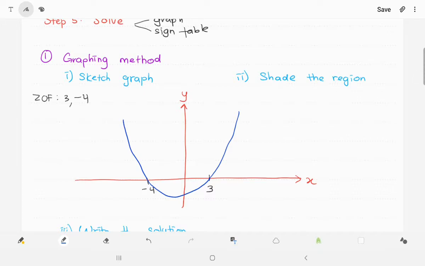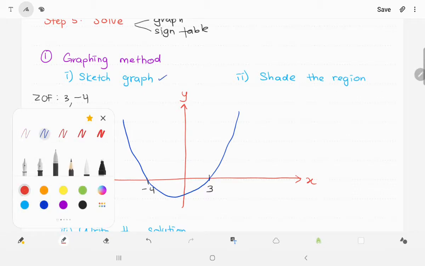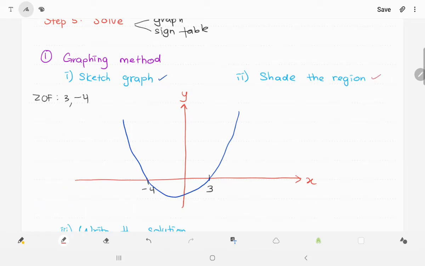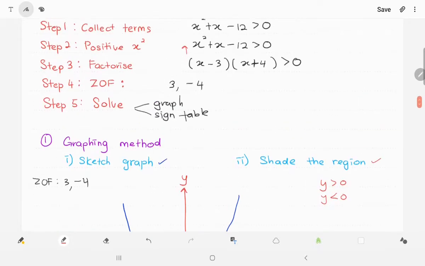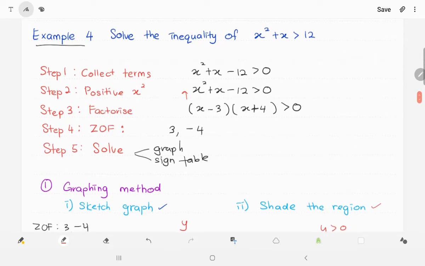Next, after we sketch, now we need to shade the region. As I mentioned before, we need to look whether y is greater than 0 or y less than 0. So what is our sign here? Looking at step number 2, it is greater than.